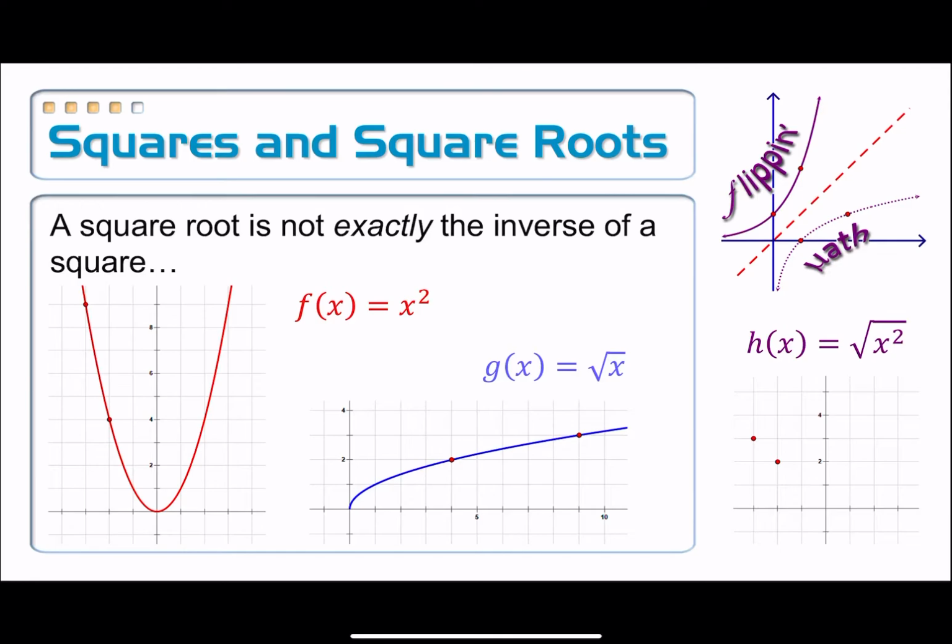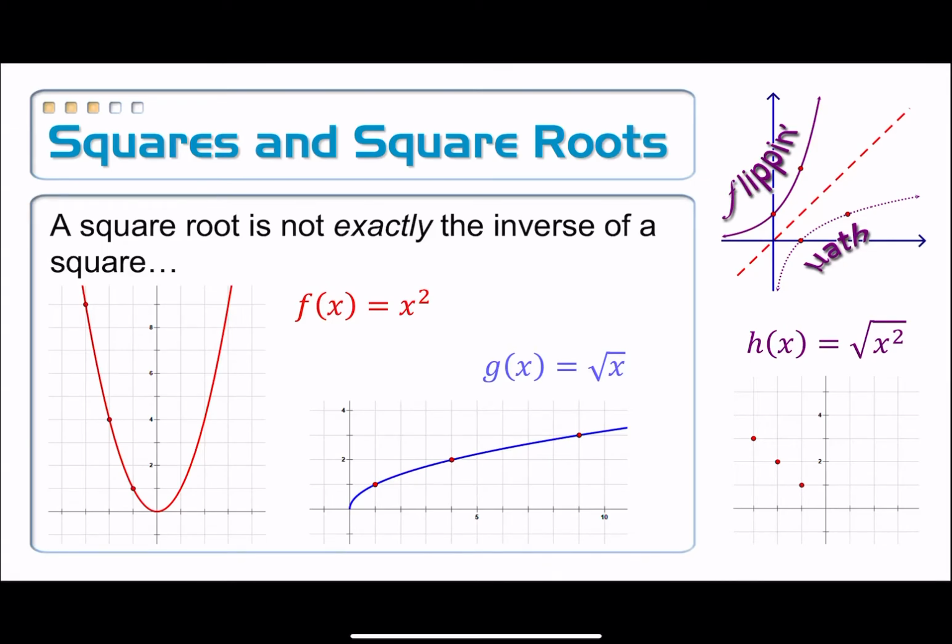Maybe you see where this is going. Let's try another one here. If I stick in negative 1, square it, I get 1. I put 1 into the square root function, and you can see that I get 1. So negative 1 is going to get paired up with positive 1.